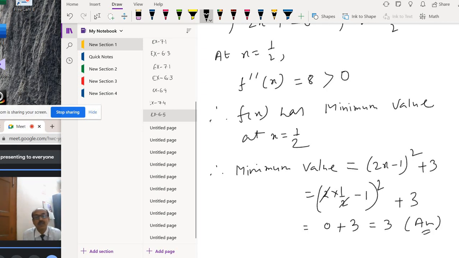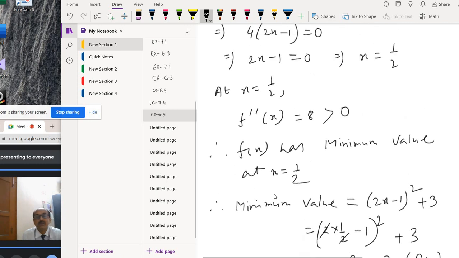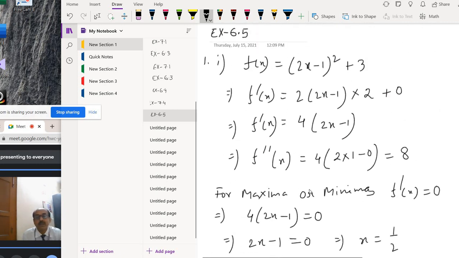Clear till now? All the steps you understand? At first you have to find the derivative, first order and second order. The condition of maxima and minima is first order derivative equal to 0. We get the x value, the point where the function is maximum or minimum.